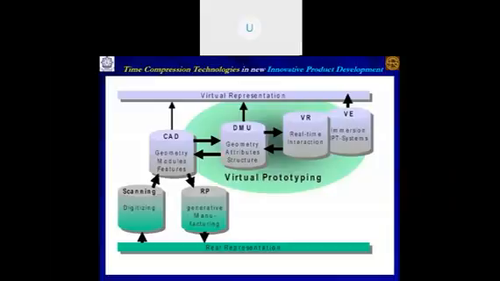So for that you need some time compression technologies, by which you can design a manufacturing technology which can take the CAD data and directly manufacture the product, and then it will compress the time, or the time to manufacture will be reduced.